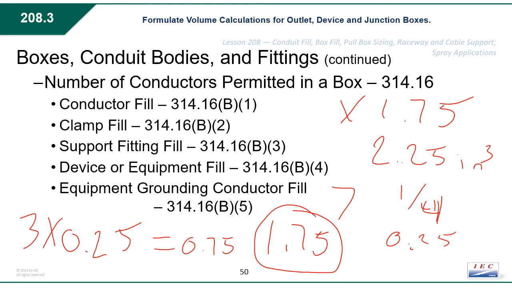Once I've calculated just how many conductors and support fittings are going to be installed in that junction box, I need to see what its maximum volume is allowed to be.